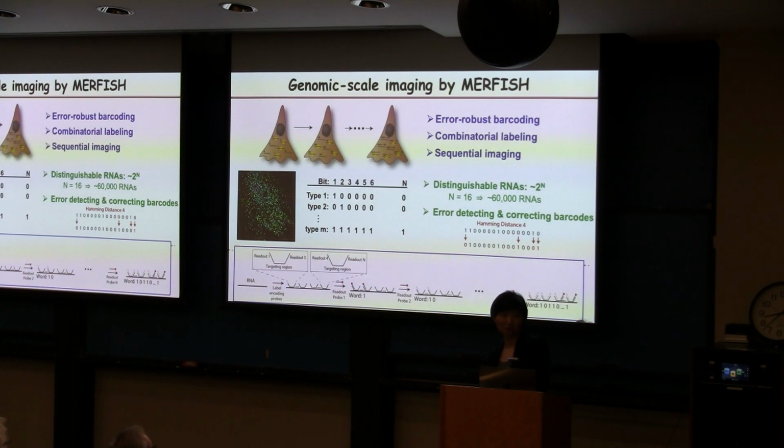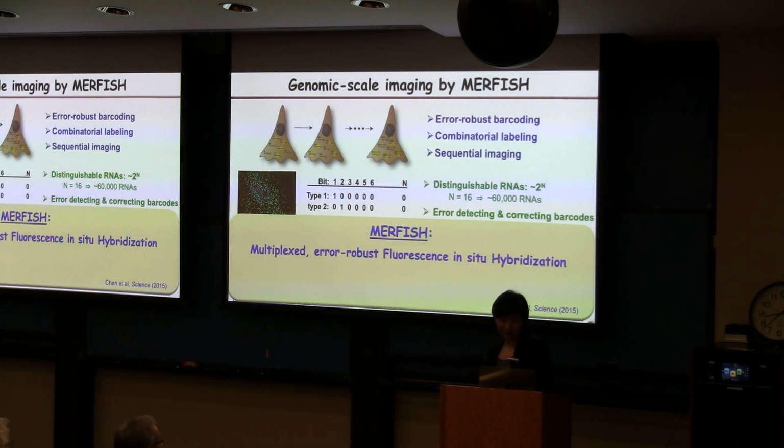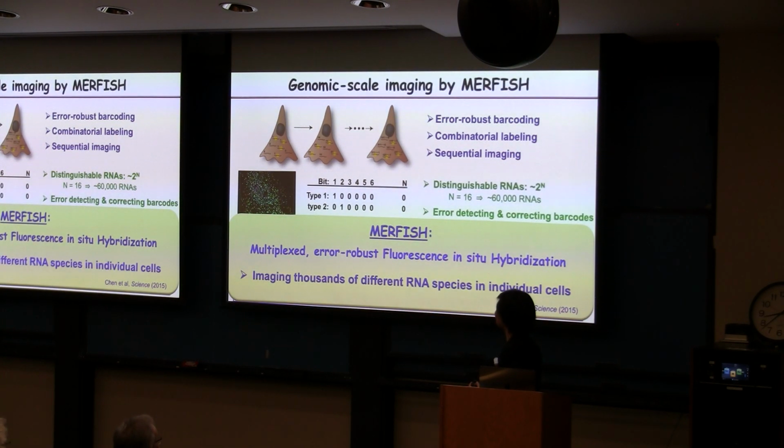And in a nutshell, that means we don't use all possible binary barcodes, but a subset of them that distinguishes valid pairs of barcodes from multiple errors. And this way, you dramatically reduce the possibility of error. As I said, that's primarily the topic of tomorrow, so I'm just going to say that with this, we call this approach multiplexed error-robust FISH, and indeed using that we can image thousands of different kinds of RNA species in individual cells.